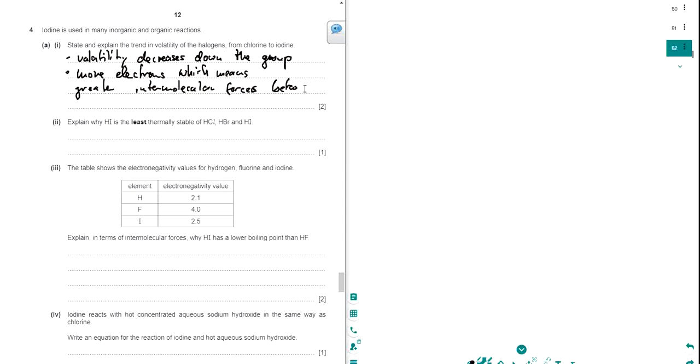Greater molecular forces between the molecules.